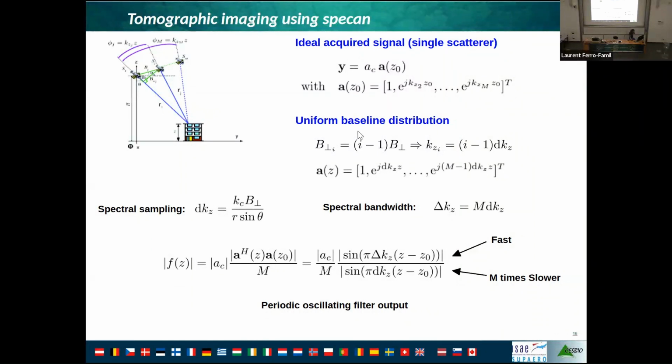You have a phase equal to 0, then a phase given by d kz z, then 2 d kz z, until the last term, which is also a multiple of d kz. This d kz is called the spectral sampling. So you are looking in the spectral domain at different positions, and when you sum up all this spacing, you get the spectral bandwidth.